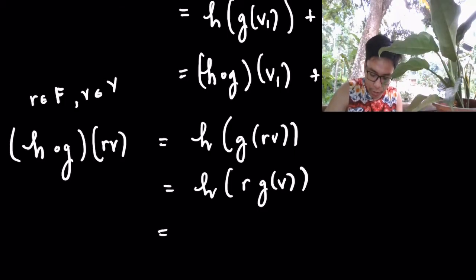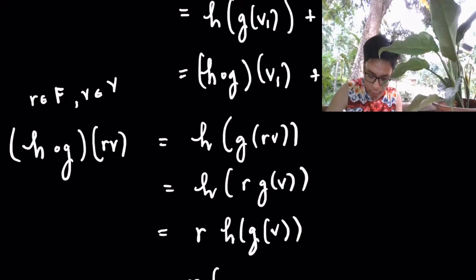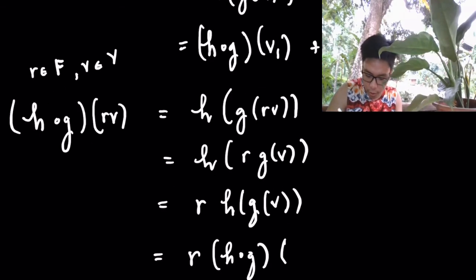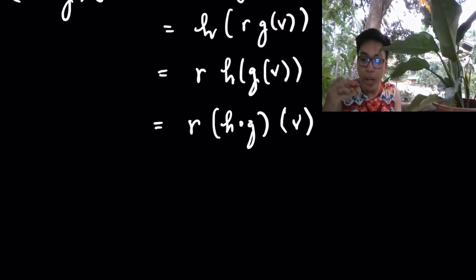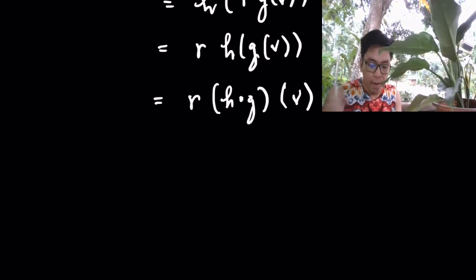And also h here is a linear transformation, so I can extract r from it. So I have r of h of g of v. So meaning to say condition 2 here is satisfied. And another moral would say that the composition of two linear transformations is a linear transformation.